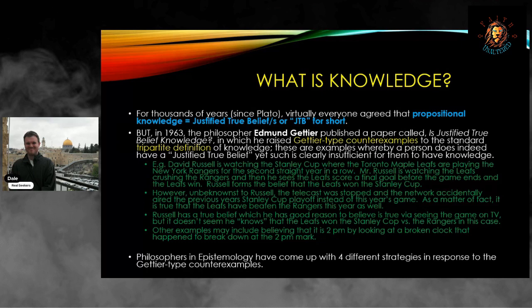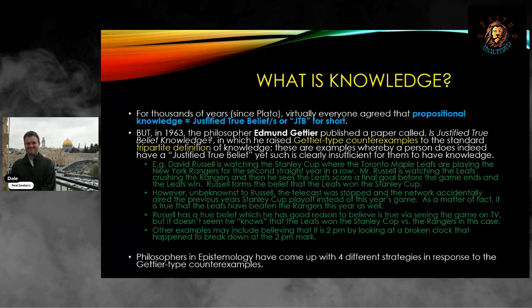And on the basis that he has good reasons? Well, he's forming it on the basis of seeing what he believes is a live broadcast. And typically that's a good reason. You see it on live TV, it's probably correct. If you see a sports team winning on TV, technical glitches don't usually happen. So yeah, David Russell would be justified in this case.